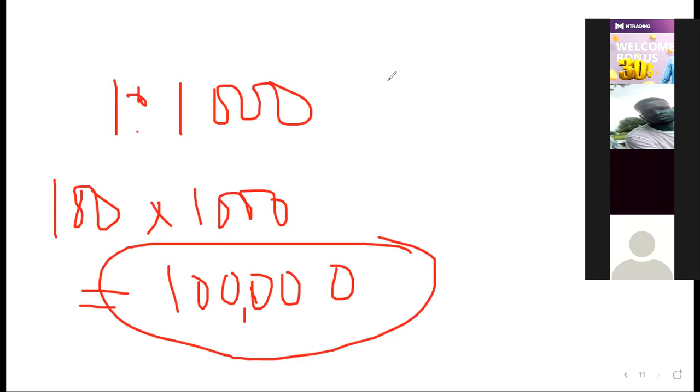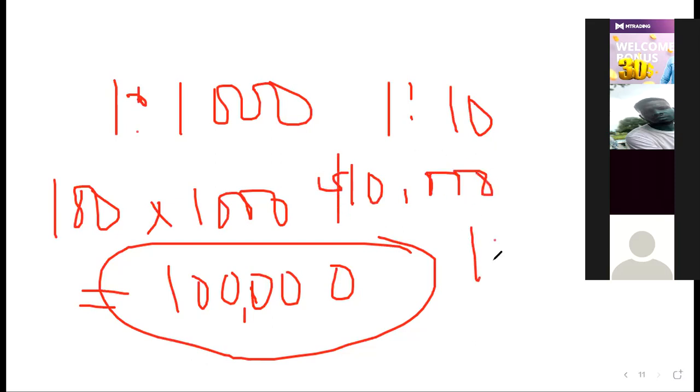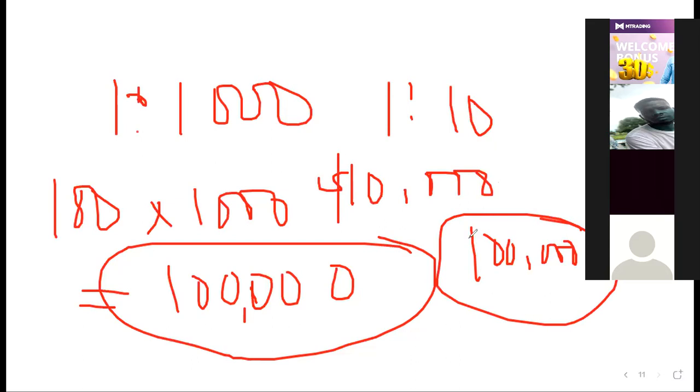If you decide to trade with a leverage of 1 to 10 with $10,000, it looks like you're also trading with $100,000. So that's what leverage does. It helps you to make profit quickly, and it also helps you to lose your money faster.